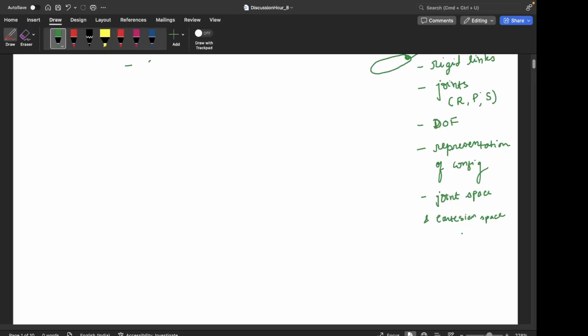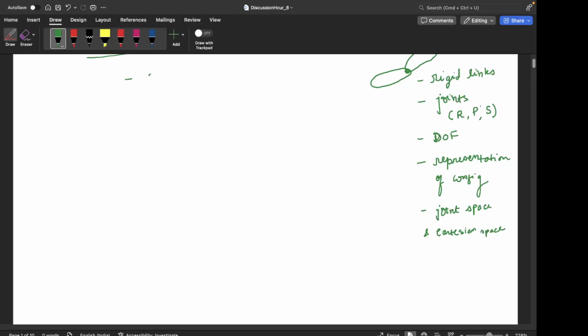So joint space is the description using the joint variables. If the joint is a revolute joint, then the joint variable is the angular position of that joint. In case of a prismatic joint, that's the translational variable, the linear position of the joint, and similarly in case of other joints as well.